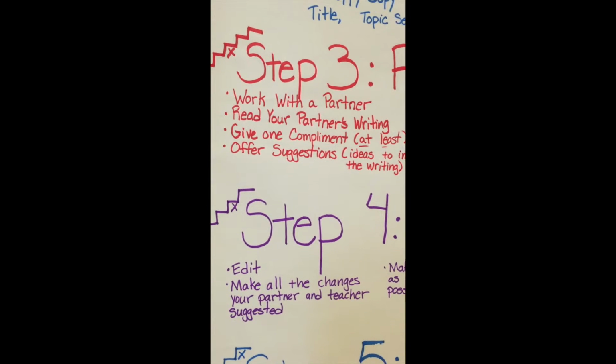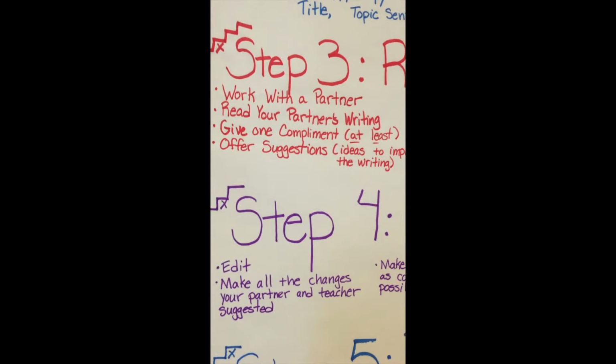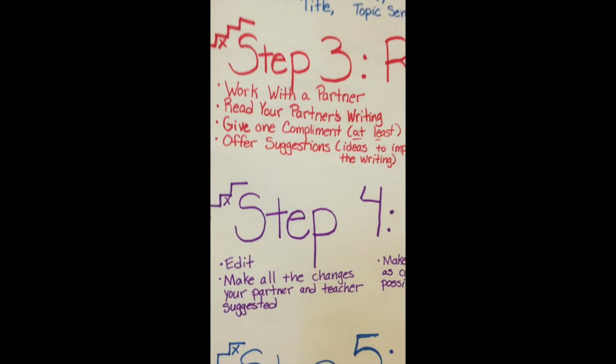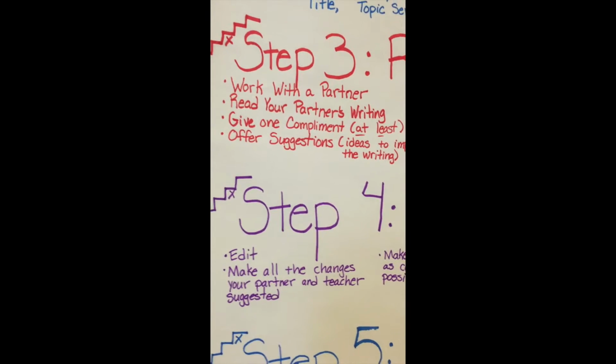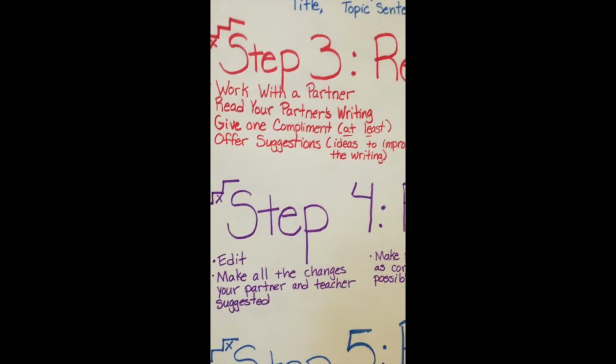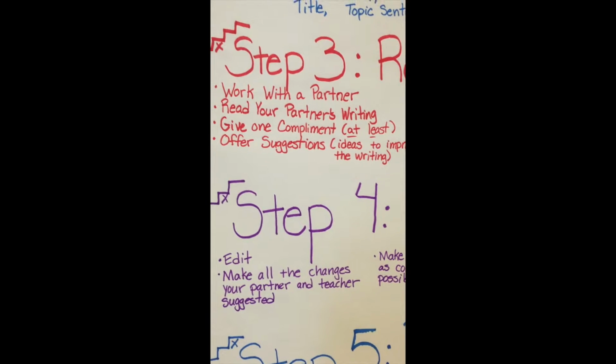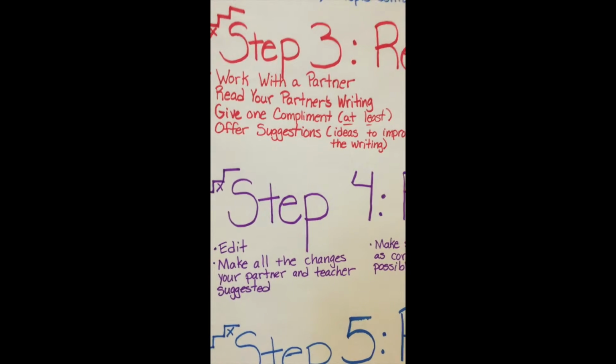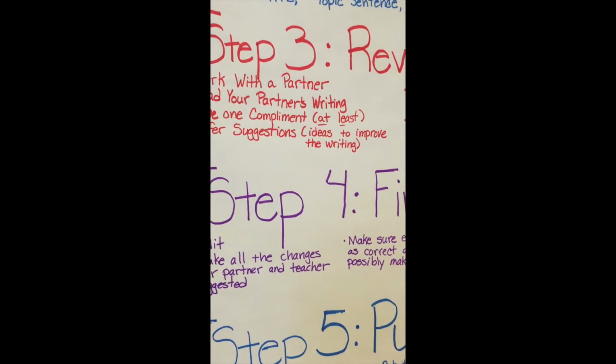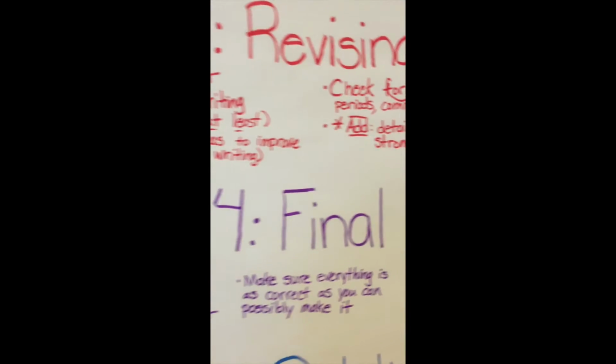So we're going to start out by working with a partner, and you'll read your partner's writing, and they'll read yours. You'll give at least one compliment, and you'll offer some ideas to improve your friend's writing.